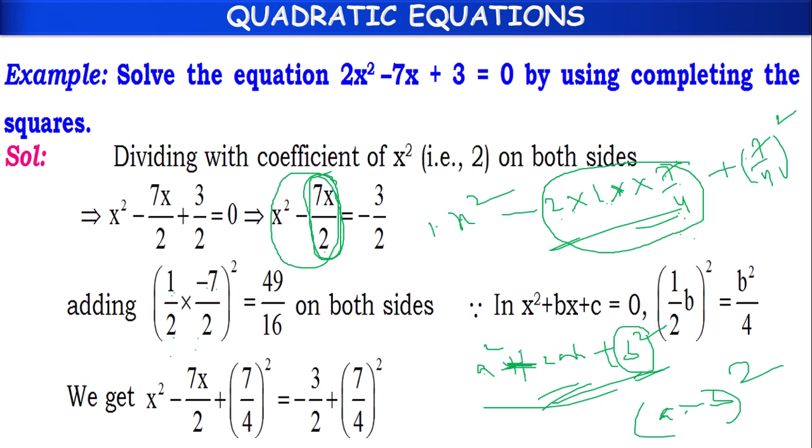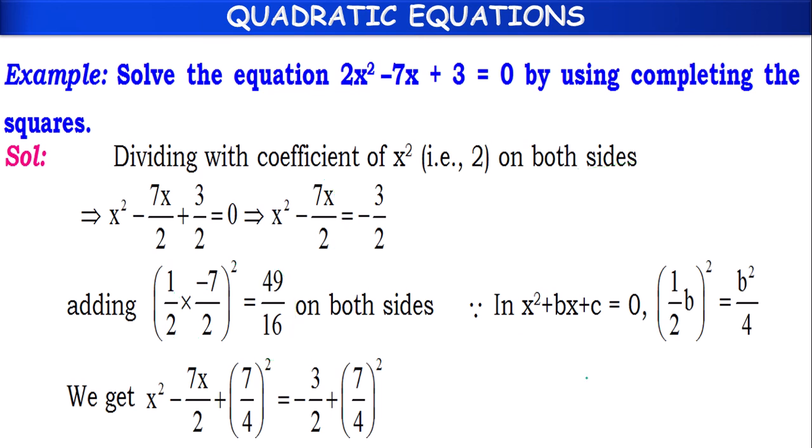Suppose you assume it as a square plus 2ab plus b square, a plus b whole square, then 1 by 2 into minus 7 by 2 whole square, 49 by 16, is to be added on both sides, so that it will be in the form of a plus b whole square.